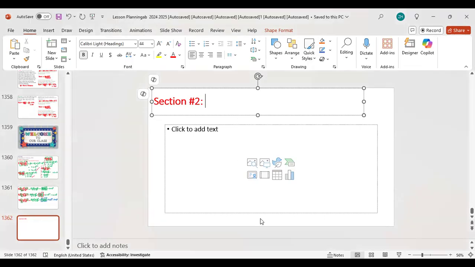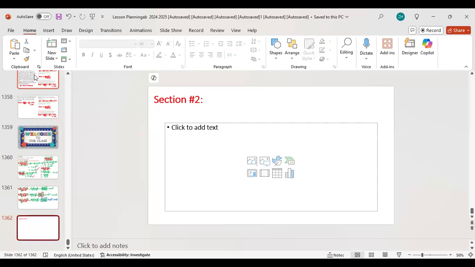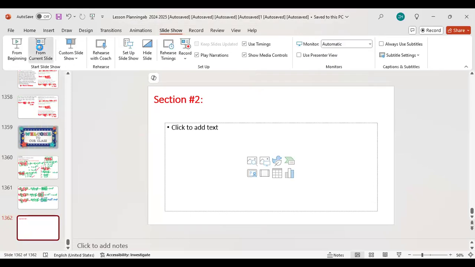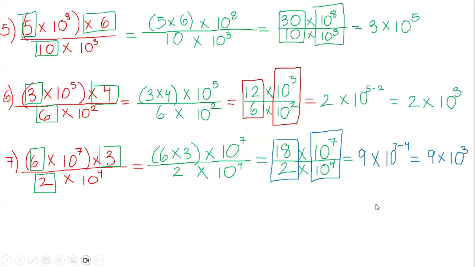All right, so the next section we're going to move on to is section 2. Take a picture of your work and send it to me via WhatsApp. That's going to be of this one. Some people are still not sending me their work.